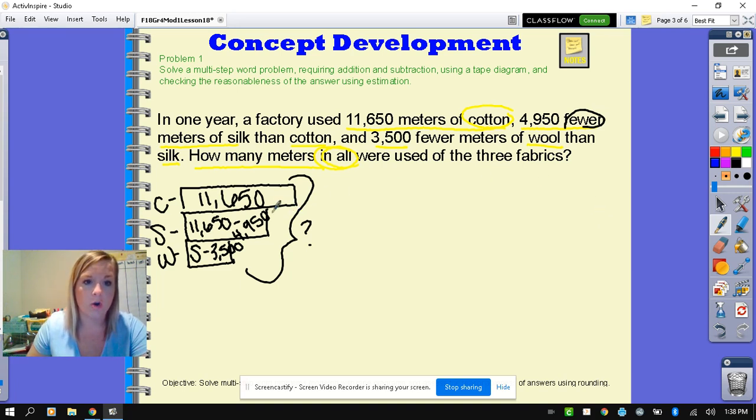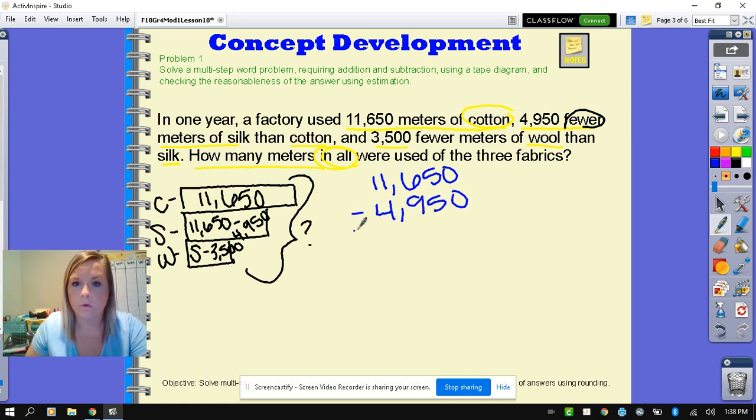So the first thing I need to know is how much silk was truly made. So we know that we have 11,650 minus 4,950 fewer meters. Okay, so 0 minus 0 is 0. 5 minus 5 is 0. 6 minus 9 I cannot do, so I'm going to come over here, make this 1 into a 0, and this 6 into a 16. 16 minus 9 is 7. 0 minus 4, again, I can't do, so that becomes a 0.